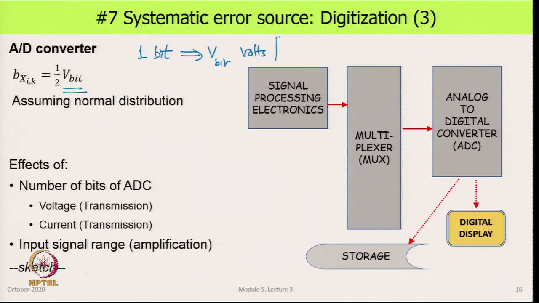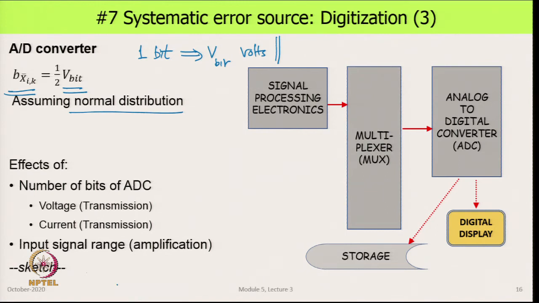So, this is our fundamental thing, and we connect it to the elemental systematic standard uncertainty due to digitization as half the value of this bit. And there we have assumed that we are working with a normal distribution.